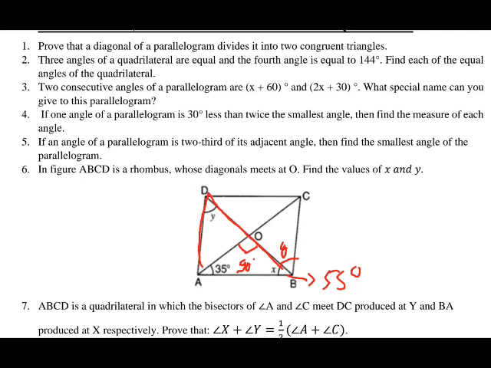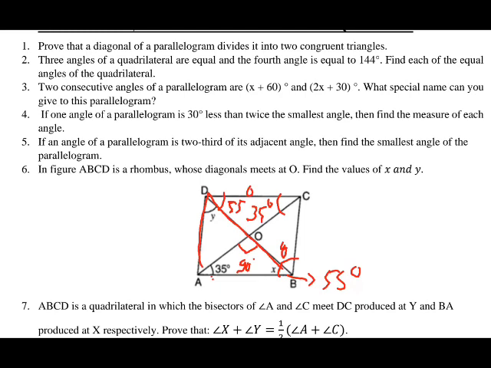Okay, so if this is x, if this is 35 degree, can this not be 35 degree? Yes, this can be 35 degree. If this is x, if it's 55 degree, then this is also 55 degree. This is fine now, right? This is 55, this is y, this is 55, this is y, and this is 35.